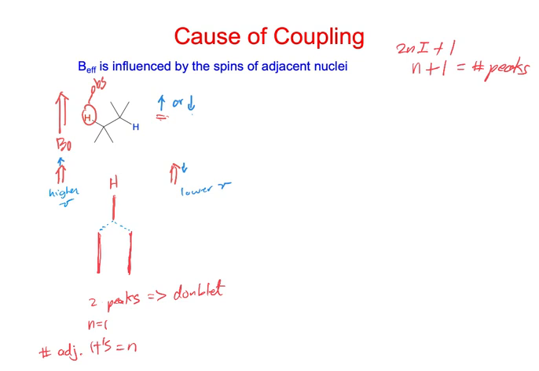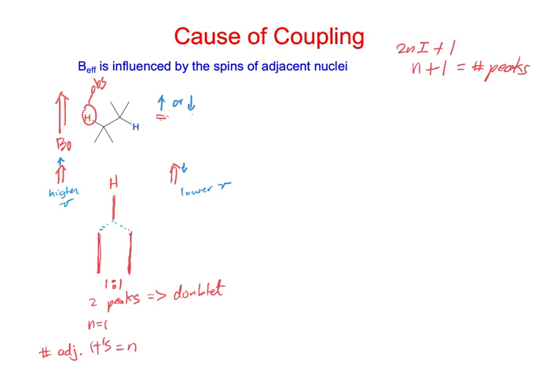And those peaks have the same height? They are, yes. Technically they would have a difference in height relative to the difference of populations of the plus 1/2 and minus 1/2 spins, but those are so similar that we roughly see this as a 1-to-1 ratio.